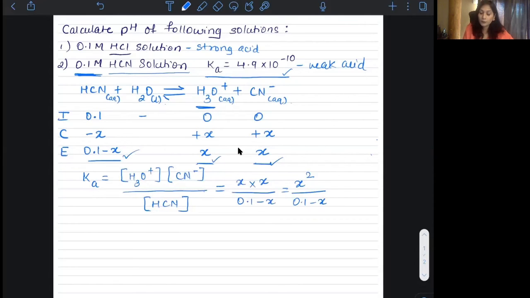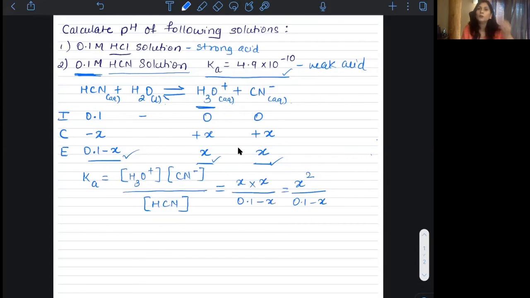First of all, let's look into the Ka value. We know that the Ka value is very small. And you know, the Ka value is telling you about the dissociation. It's telling you about how much dissociation is happening in this HCN because it is basically the product concentration divided by the reactant concentration. If this Ka value is low, it is telling us that there is not much dissociation happening till it reaches equilibrium, right?